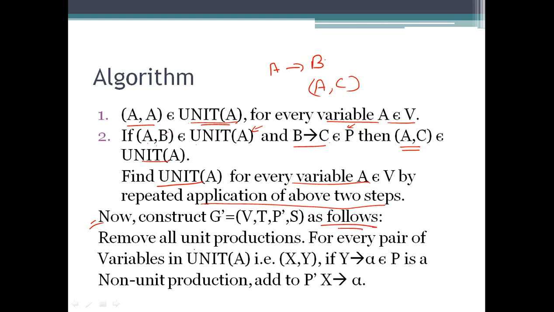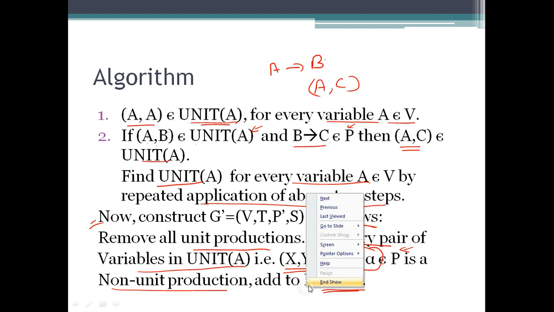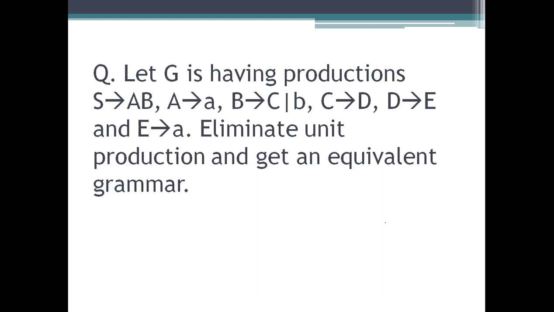We have to remove all unit productions, and for every pair of variables in unit of A, that is X, comma Y, if Y is rewritten as alpha is a non-unit production rule in P, then we have to add the rule X is rewritten as alpha in P prime.